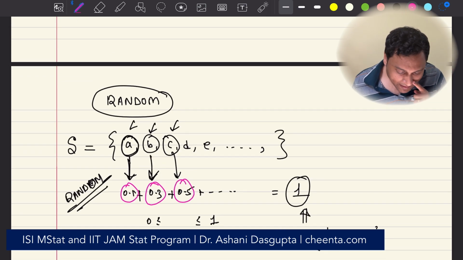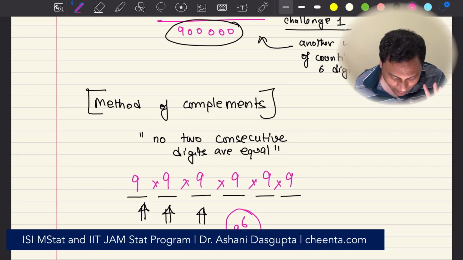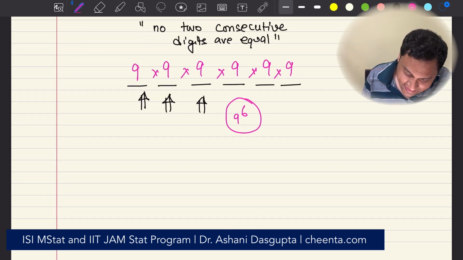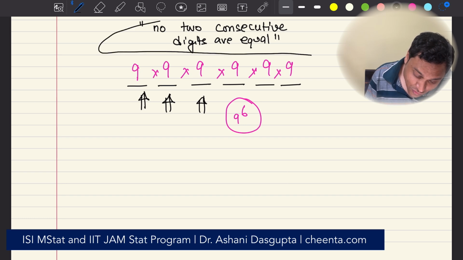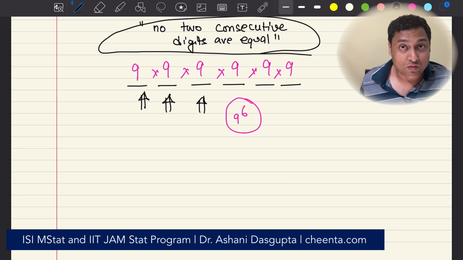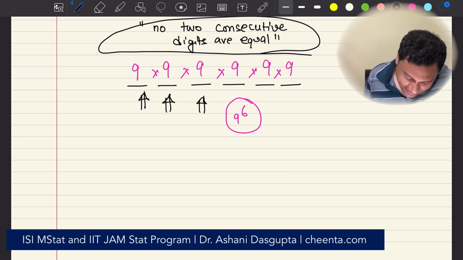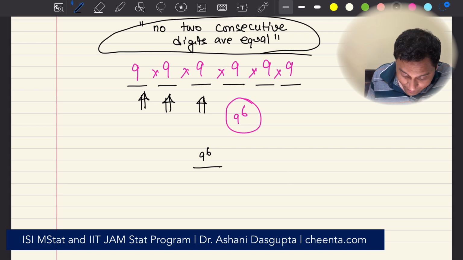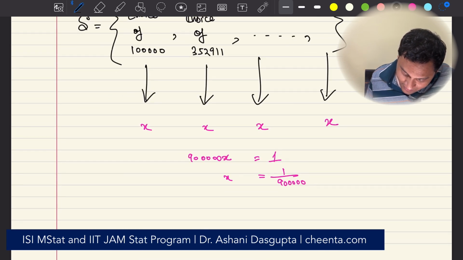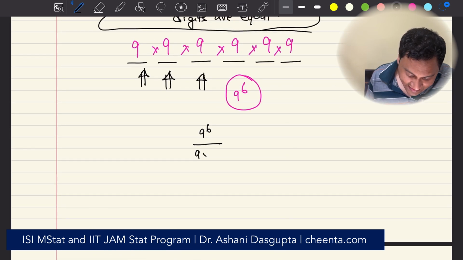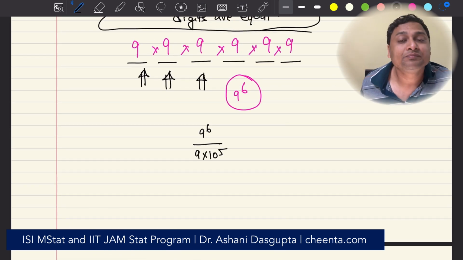Okay, now let's come back to this problem. It's a very simple problem. We now know that the probability of getting no two consecutive digits equal, those types of numbers, is 9 to the power 6 divided by the total number of cases, which is 9 times 10 to the power 5.